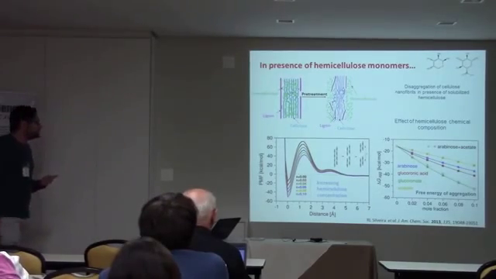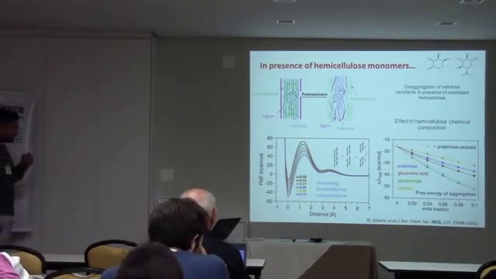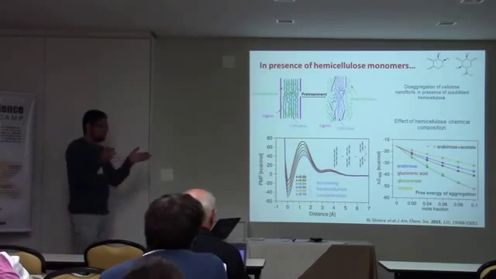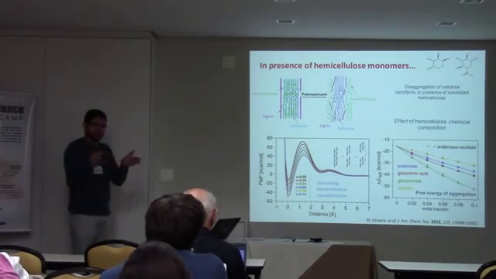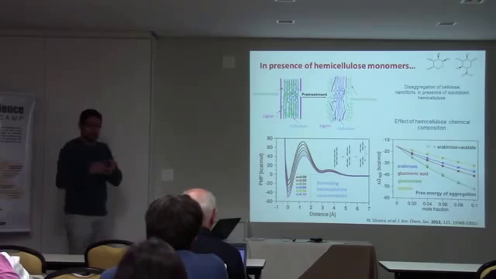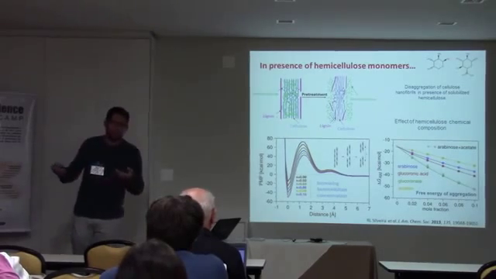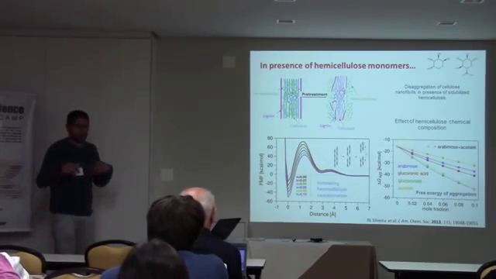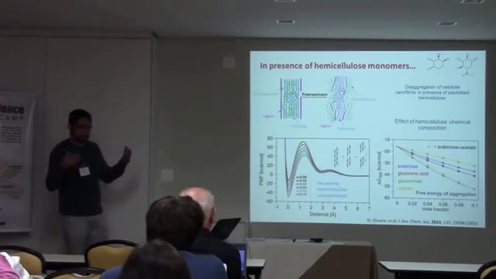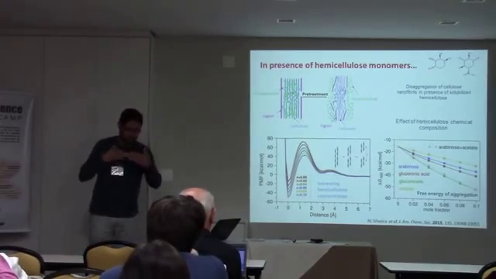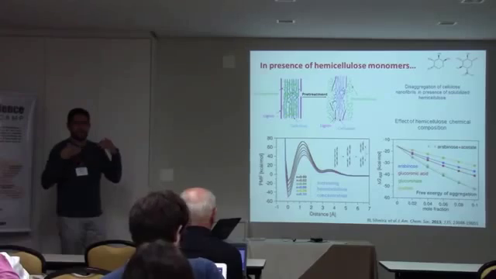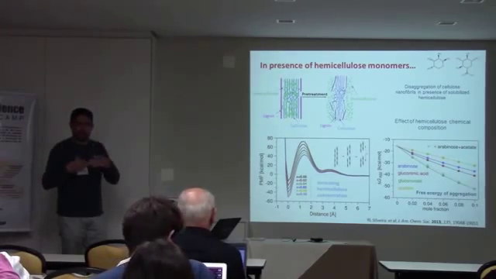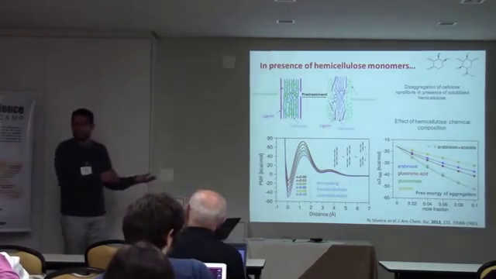But what happens here is that if the cellulose fibers are aggregating, that means that water is not solvating the cellulose very effectively, right? So the cellulose interactions are stronger than the solvation capacity of water.